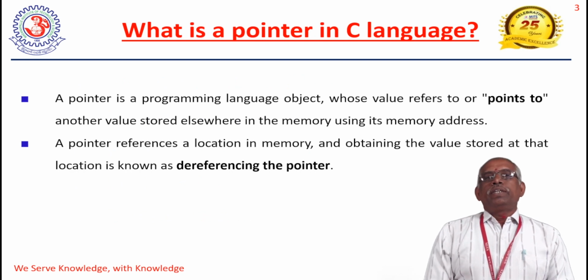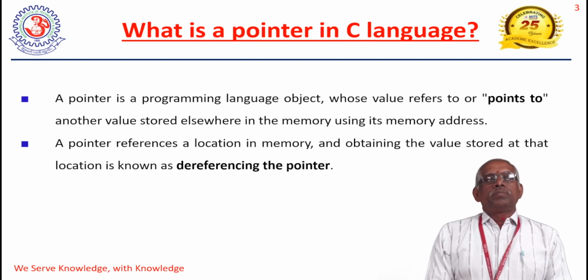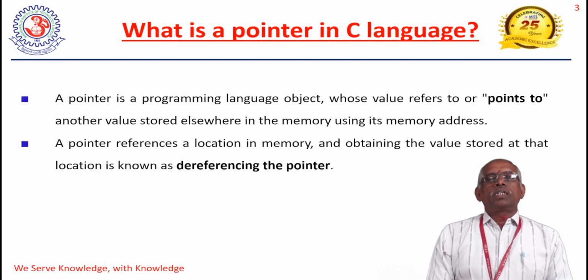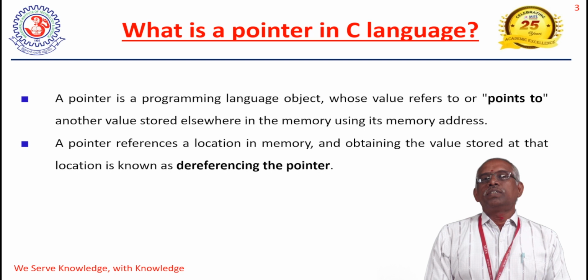So what is a pointer in C language? A pointer is a programming language object, in a theoretical way, whose value refers to or points to another value stored elsewhere in the memory using its memory address. A pointer references a memory location, and obtaining the value stored at that location is known as dereferencing the pointer.